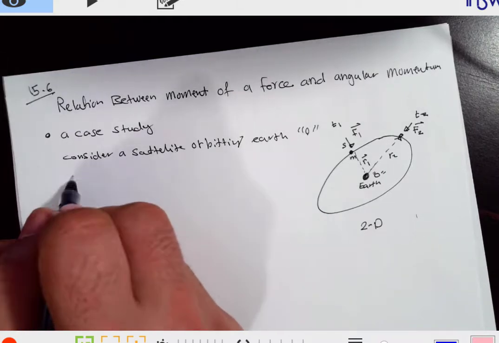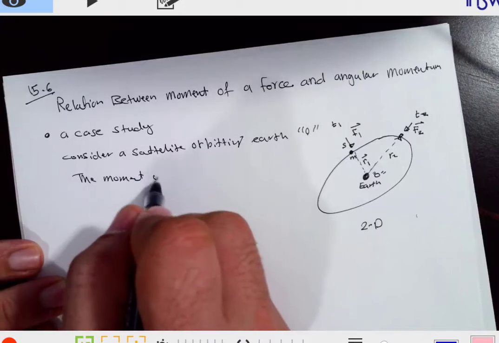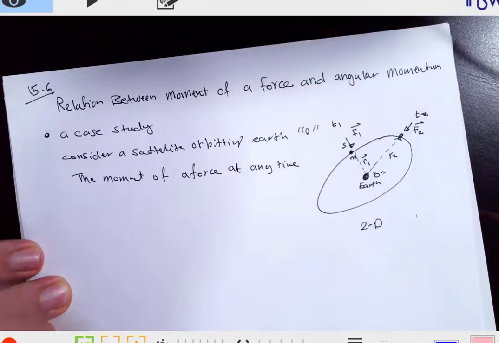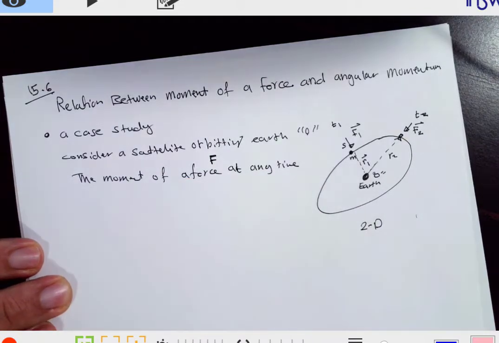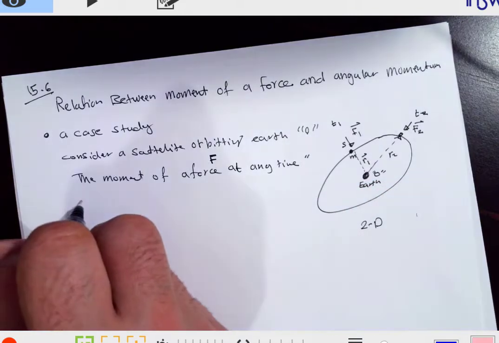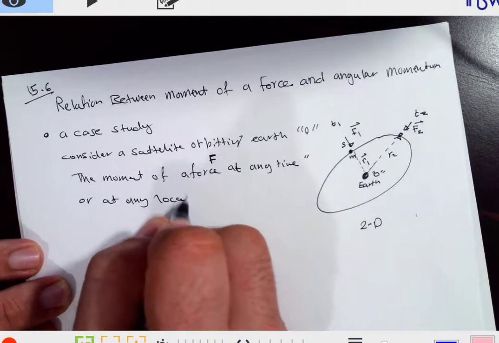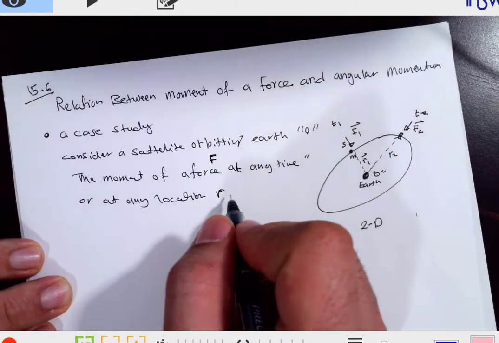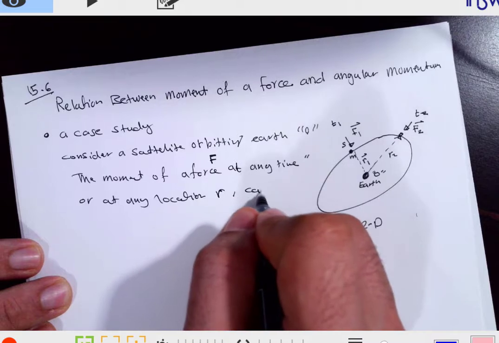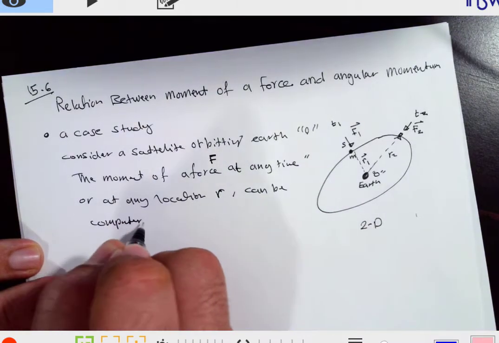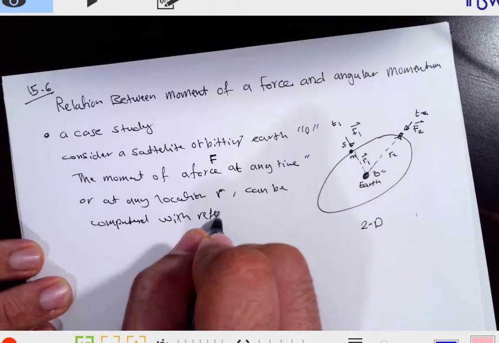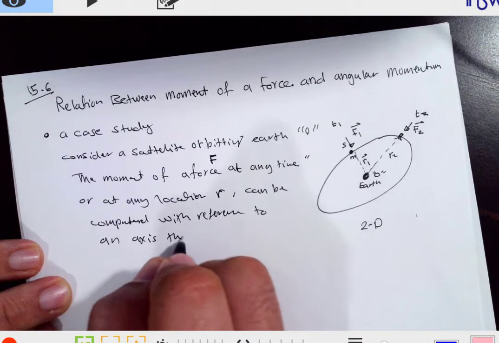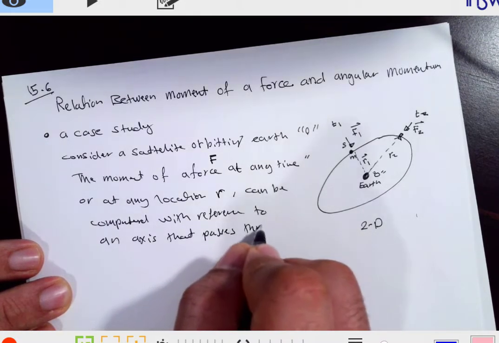Now, the moment of a force at any time, and let's call this force F to be general, at any time, which also means at any location R, can be computed with reference to an axis that passes through a desired point, right?